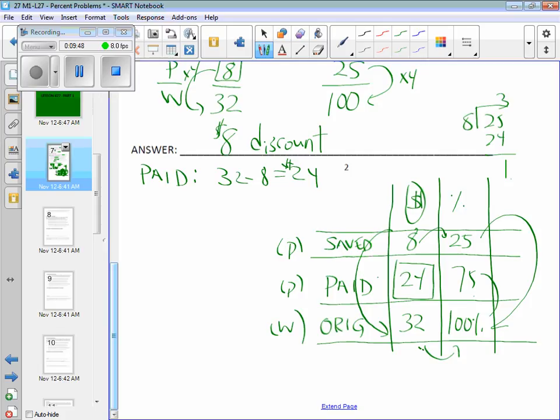Okay? So, if this is an equivalency ratio table, is it fair to say that 24 times 3.125 is 75? Should work. Somebody get a calculator. Go grab it.